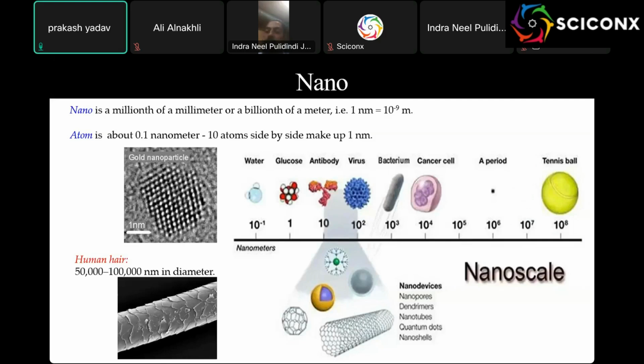If we compare a nanomaterial with our hair, hair is around 15,000 to 1 lakh nanometers in diameter. This is so small. And compared at a scale of 10 to the power 12, it is around 10 to the power 8 nanometer. So this is the meaning of nano.